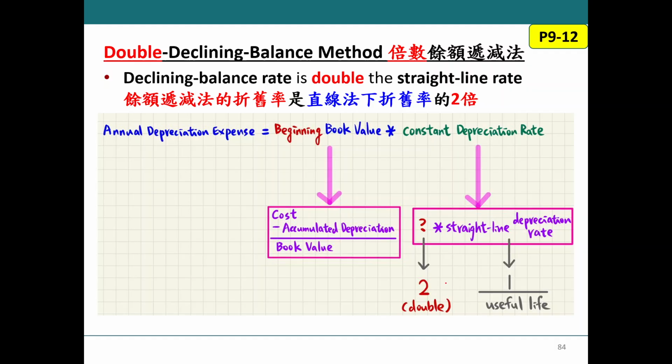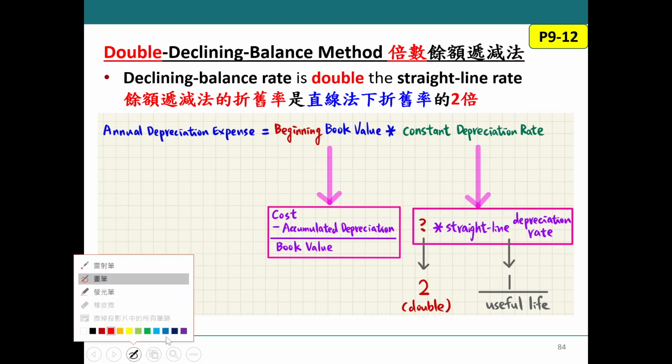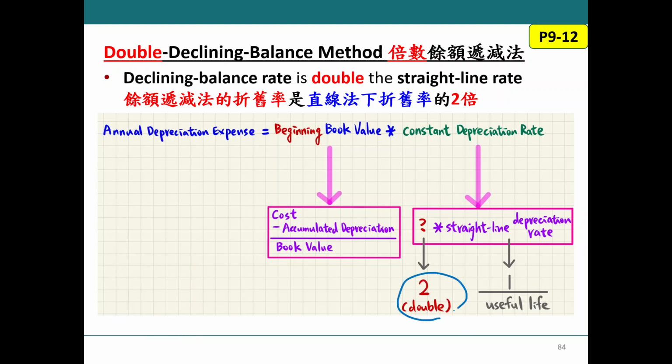So when you decide to choose 2 times, we have another word right here, double, to let you understand we decided to choose 2. So double declining balance method, 倍数余额递减法.